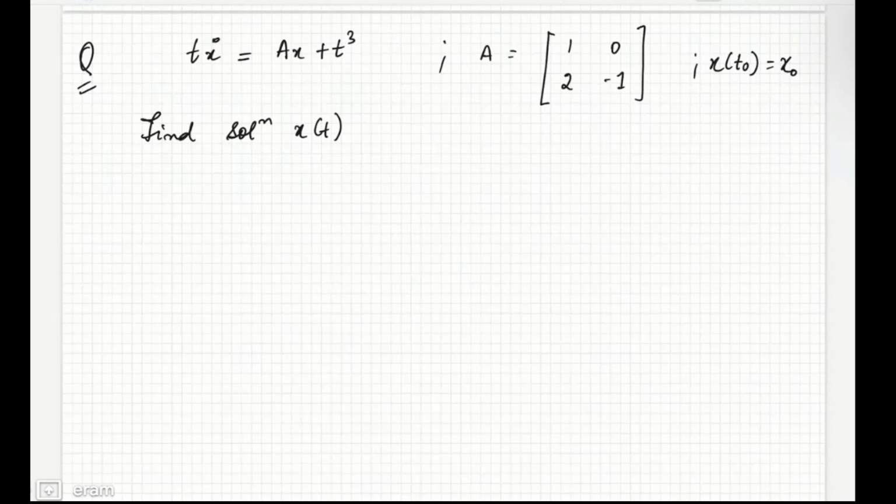Okay, so in order to calculate the solution or to find out the solution, what steps we have to follow? We need to find out the state transition matrix, obviously. And what will be the state transition matrix for this problem? We have already done it in the previous problem.